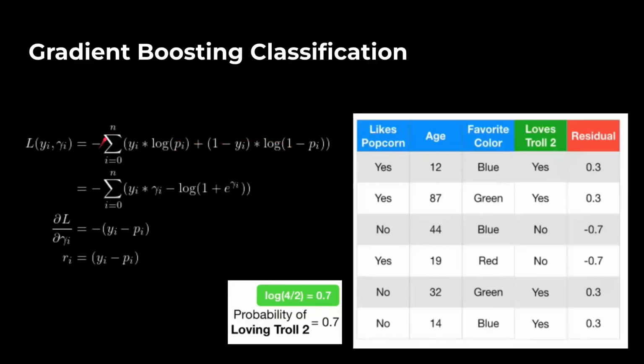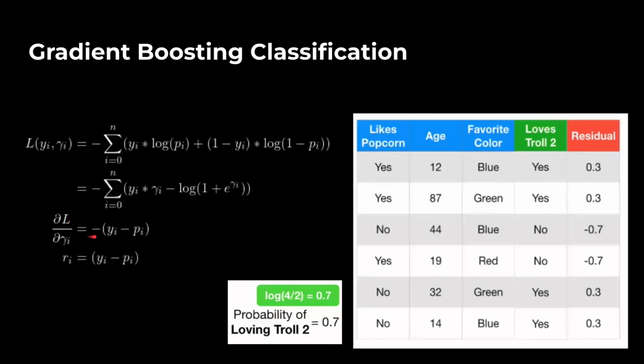And you'll notice that we have an extra minus sign here, and similar to the 1/2 that we had previously when we were doing regression, this is literally just to make our life simple when it comes to computing residuals. Because you'll notice that this is in terms of probability, and this is in terms of the gammas, aka the log odds that we're trying to predict.